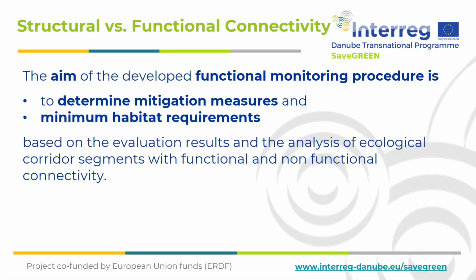The aim of the functional monitoring procedure is to determine migration measures and minimum habitat requirements based on the evaluation results and the analysis of ecological corridor segments which are functional or non-functional.